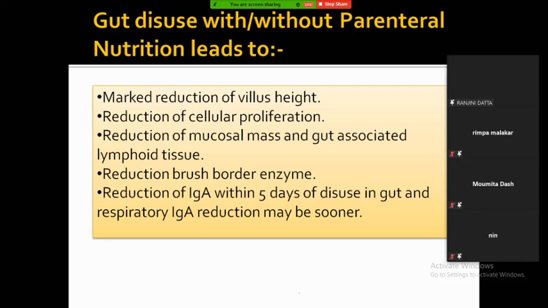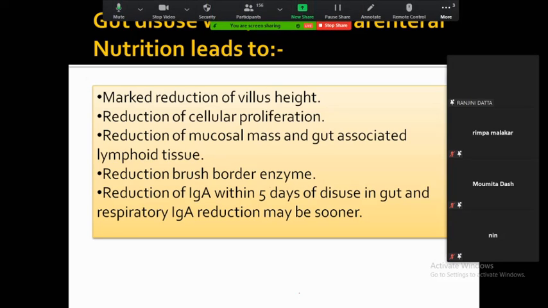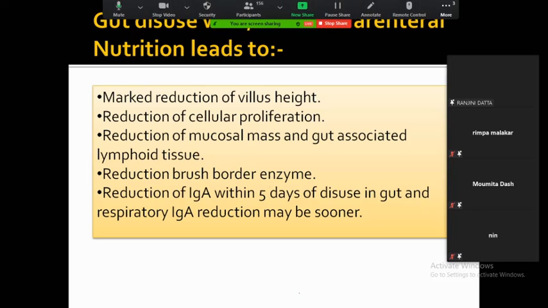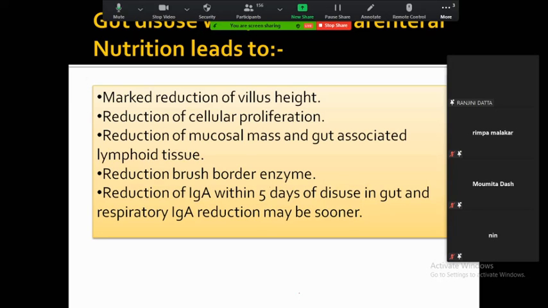With zealous use of parenteral nutrition or early parenteral nutrition, and by early I mean within 3 days of admission, we have seen a marked reduction of the villus height, reduction in cellular proliferation, reduction in mucosal mass and gut associated lymphoid tissues, which in turn will affect the innate immunity of the body, and a reduction in the brush border enzymes.